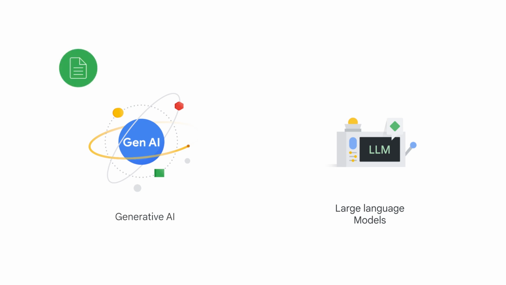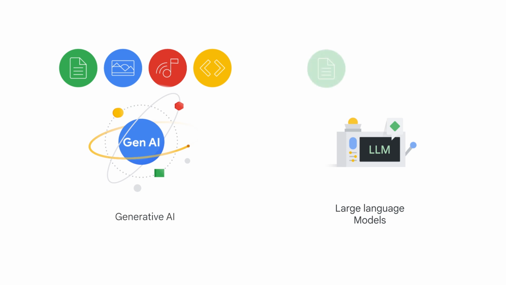Generative AI is a broader term that encompasses models capable of generating various types of content beyond text, such as images, music, or even code. LLMs are a subset of generative AI specializing in language tasks like generating text, translating languages, and summarizing information. For our purposes in this course, we'll focus primarily on LLMs to keep our discussion simple and focused.